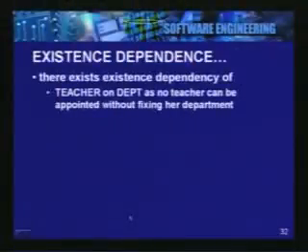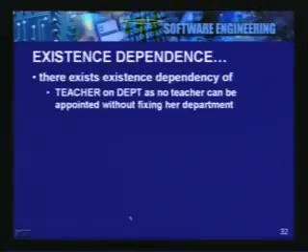So, a simple example would be the dependency between teacher and department. Now, teacher and department are two entities and they have a relationship between them which we may call employee. So, we say teacher is an employee in some department or teacher is employed in some department. Now, whenever a new teacher is appointed, the teacher has to be appointed in a particular department.